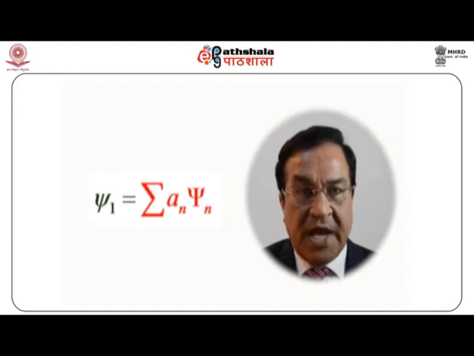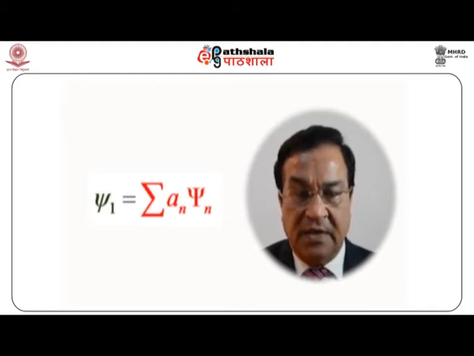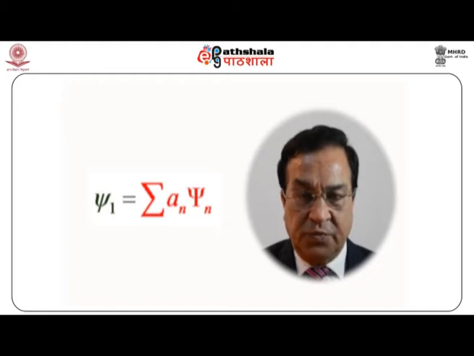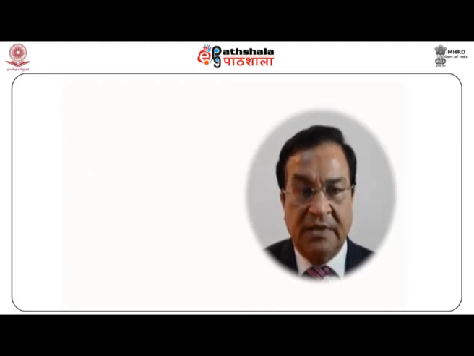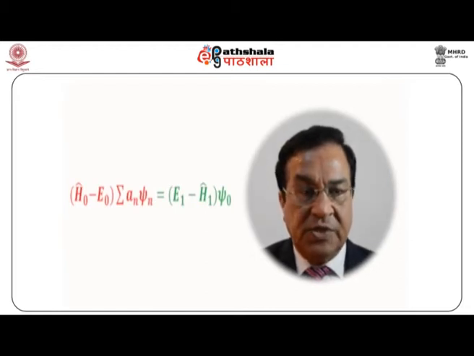That means psi 1 can be considered to be equal to the summation a n psi n. Now, if we substitute this equation, which we call equation 14, into equation 13, which we derived earlier, then we get equation 15, which is (H0 minus E0) operating on summation a n psi n equals (E1 minus H1) multiplied by psi 0.